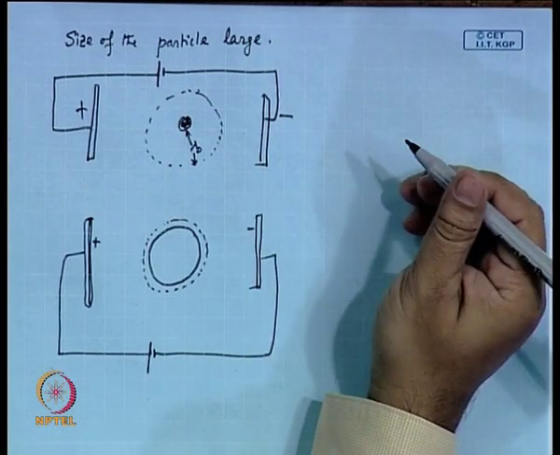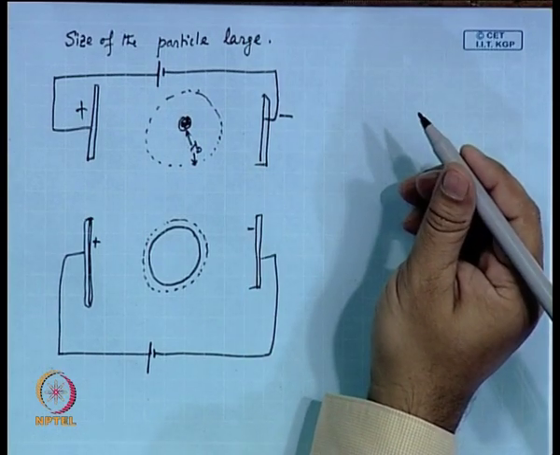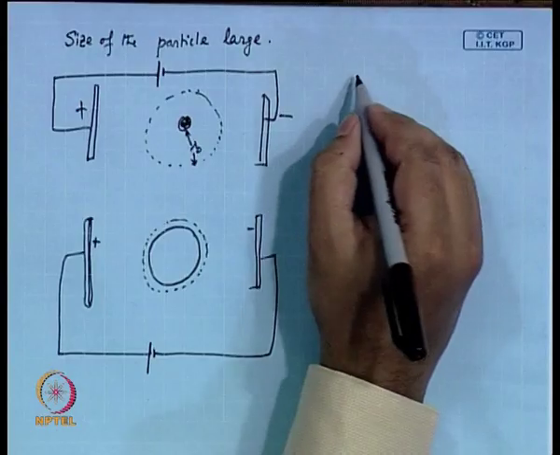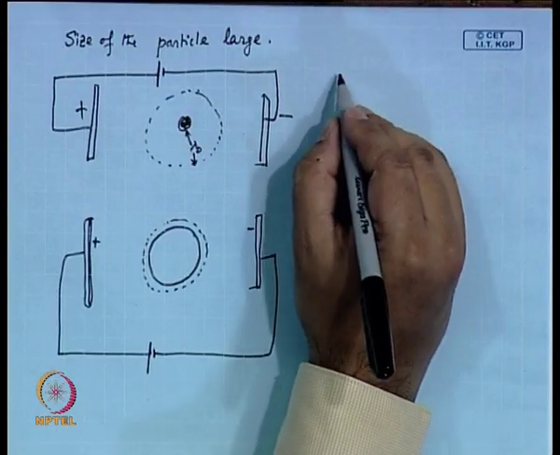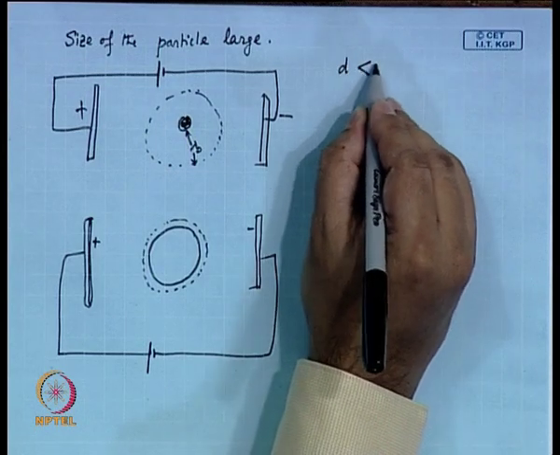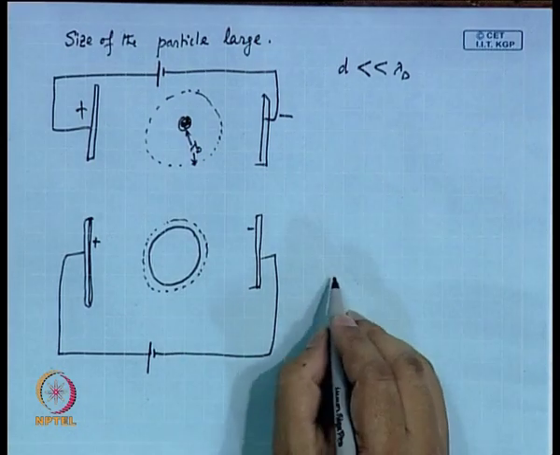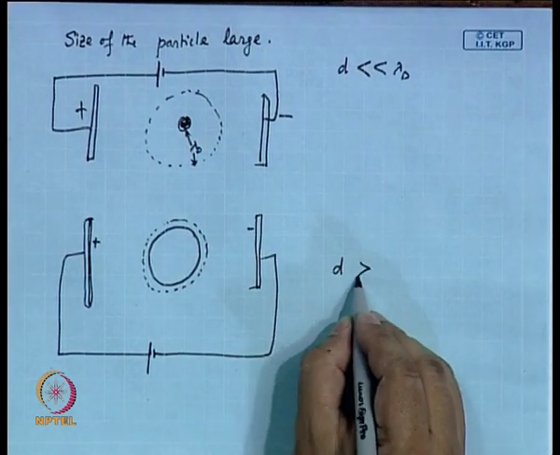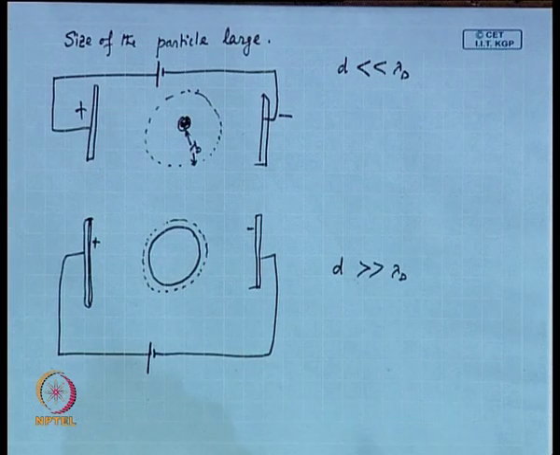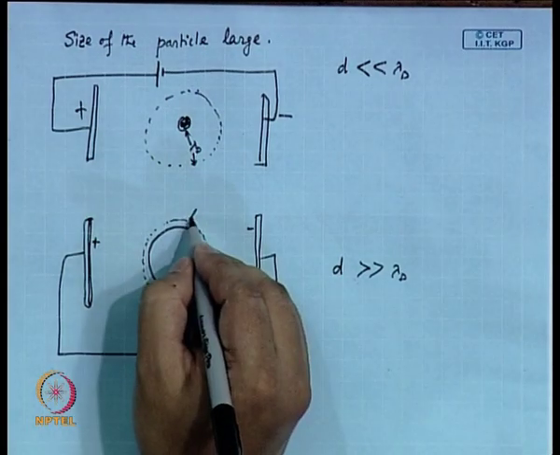Lambda d we have already discussed in connection with electroosmosis or the electric double layer, right. This is that same lambda d we are talking about. So, you have two situations: one is d much less than lambda d, another where d is much greater than lambda d.